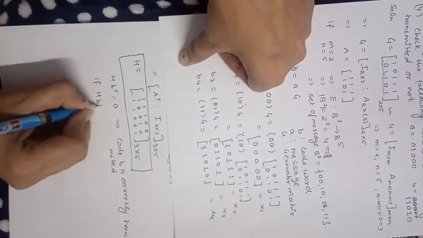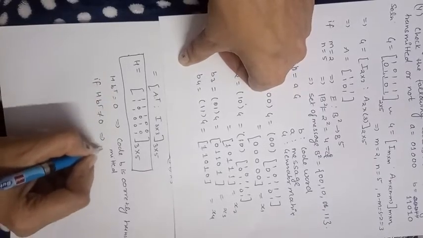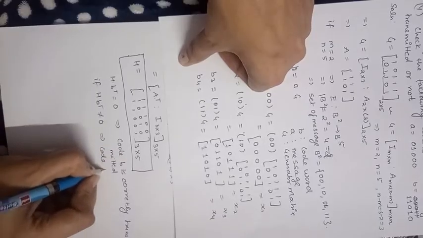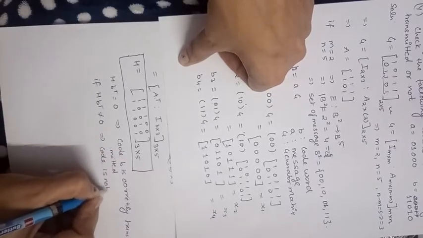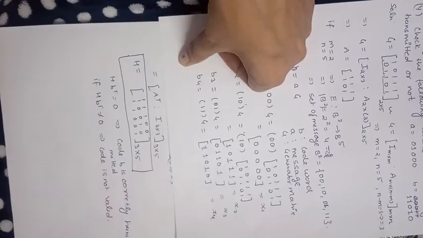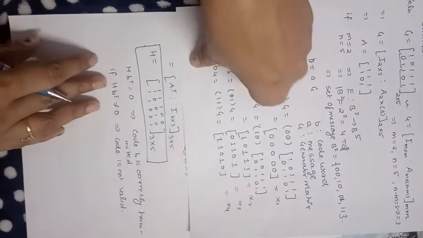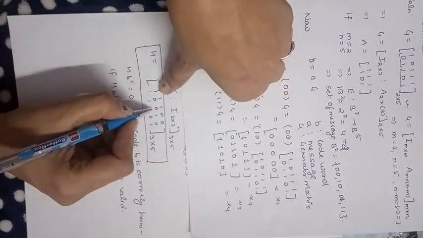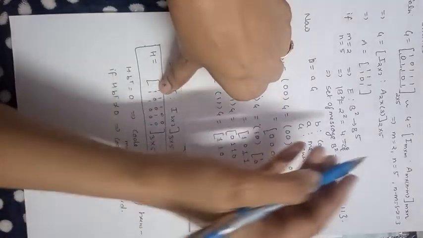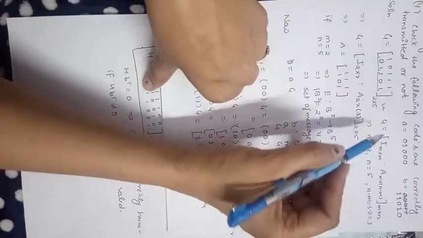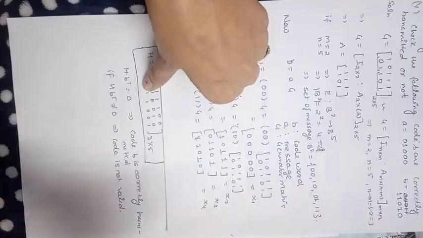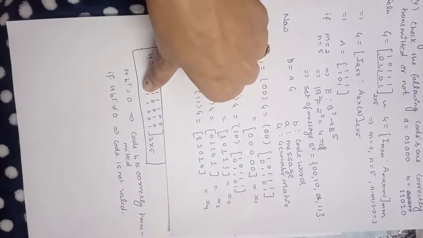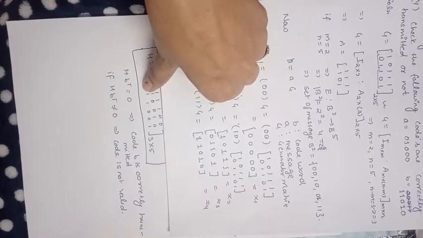If H B transpose is not equals to 0, it is not valid here. Okay, that means we have to check this matrix H into the given code transpose. If the resultant value is a 0 matrix, then we can say it's a correctly transmitted code, otherwise it's an error code.